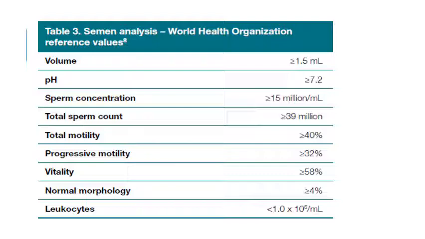All these have a definite set of values, and we call the study normal when all these parameters are satisfied.